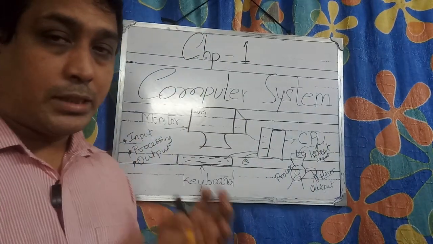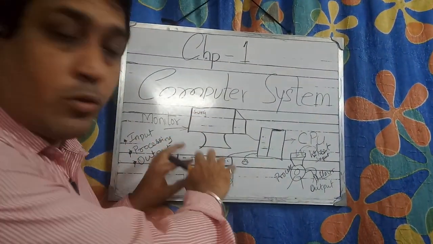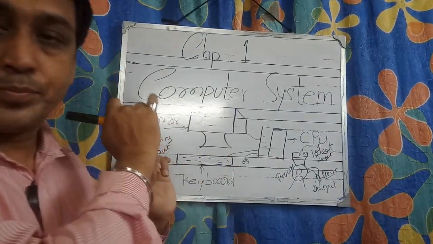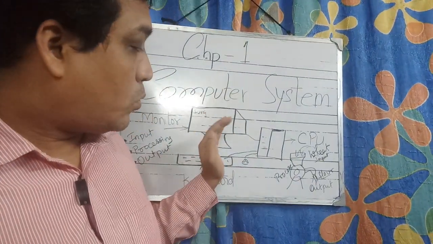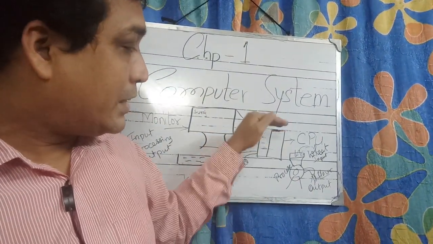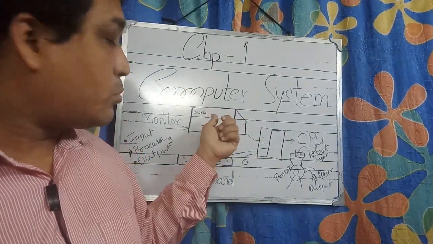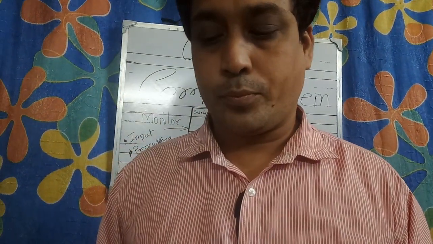Suppose I'm writing the name Suraj, and I need to type Suraj on the keyboard, S-U-R-A-J. Now that signal will go to the CPU, where the processing will take place, and from there it comes to the output on the monitor, where you can see Suraj written there.